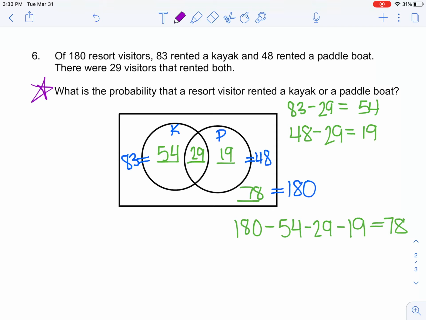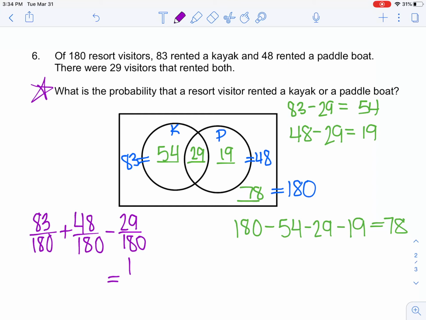So we would take our two probabilities and add them together and then subtract our overlap. So the probability of resort visitor rented a kayak was 83 out of our 180 total resort visitors, plus those who rented a paddle boat would be 48 out of 180, and then minus our overlap, which was 29 out of 180.